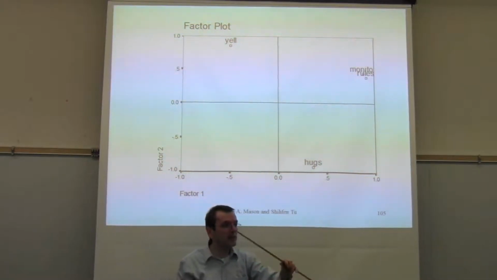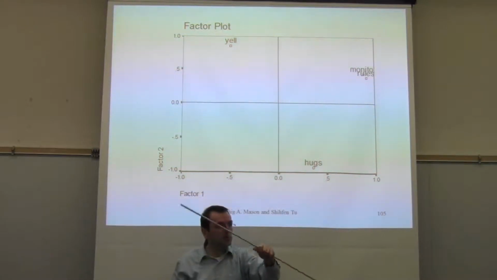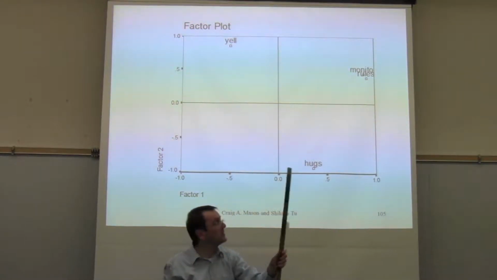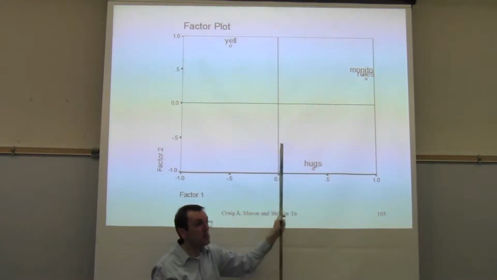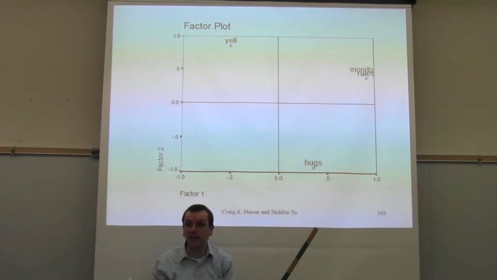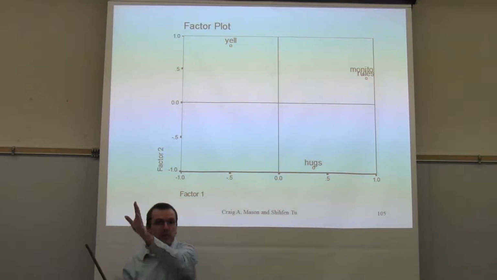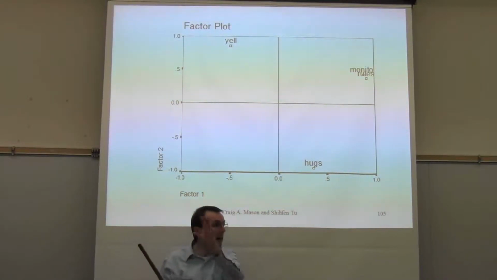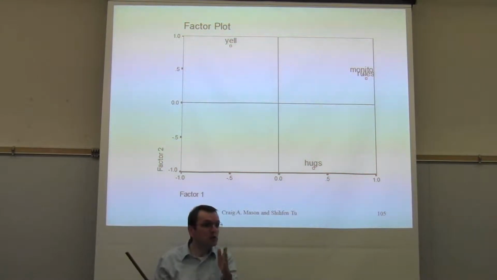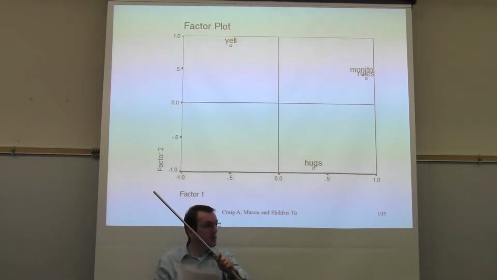Just like we did in Miami when we built the boulevards and lanes, maybe we can spin those factors around to line them up with the variables better, line them up with the natural nature of the data. Just like in Miami, we built the roads one way, but the houses ended up going some other directions. There was a natural pattern to the houses that the roads just didn't capture. So if we could spin the roads, we could line them up in a way that makes a lot more sense.